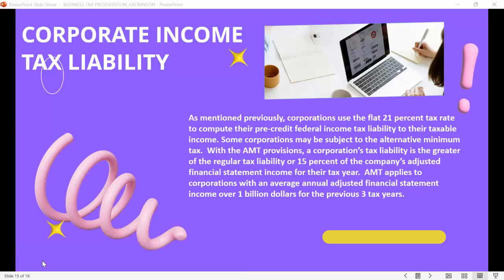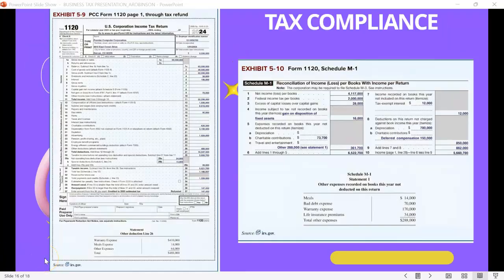AMT applies to corporations with an average annual adjusted financial statement income over $1 billion for the previous 3 tax years. As shown in Exhibits 5.9 and 5.10, taxable income for corporations is reported on Form 1120. This form includes a schedule for corporations to report their book tax differences on Schedule M-1.